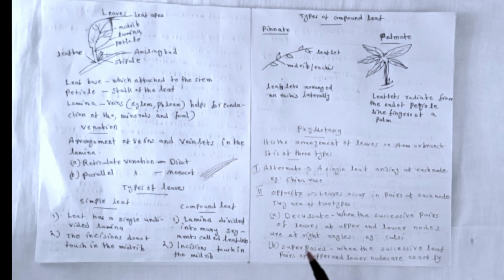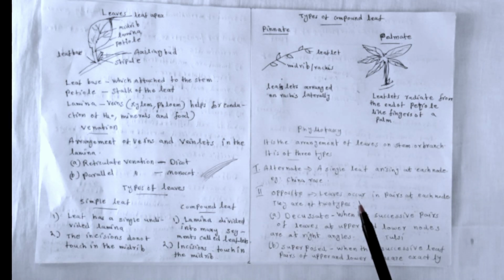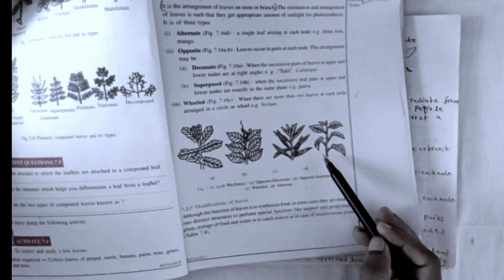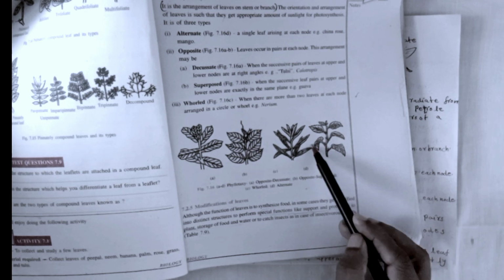There are mainly three types of phyllotaxy: alternate, opposite and whorled. In alternate phyllotaxy, for example shoe flower, China rose, mango, etc., a single leaf is arranged at each node. This is the alternate type of phyllotaxy. Single leaves are arranged on each nodal region.